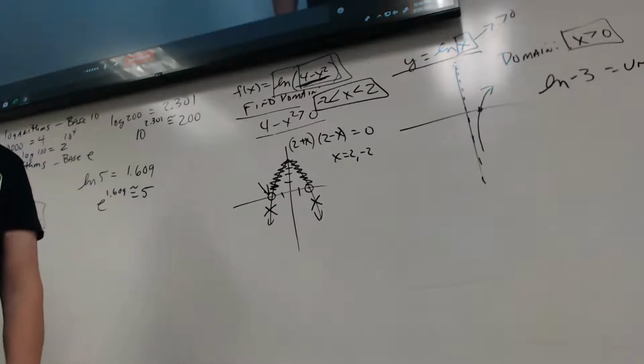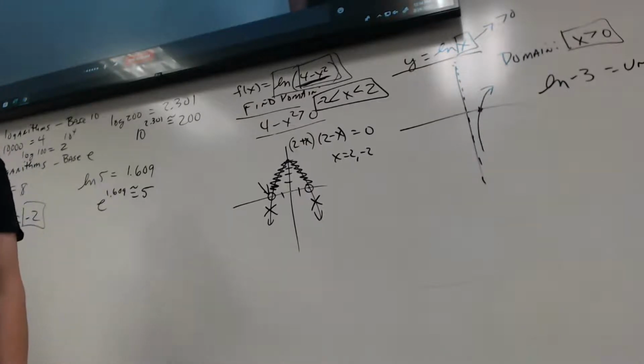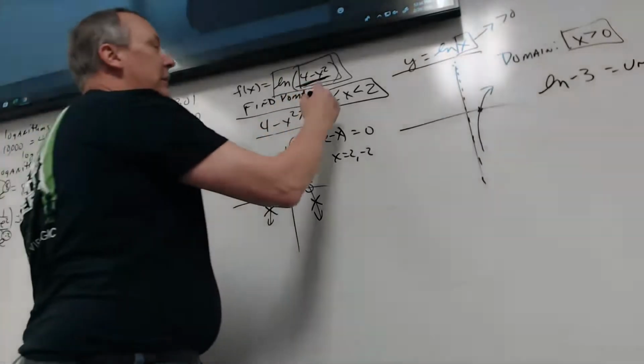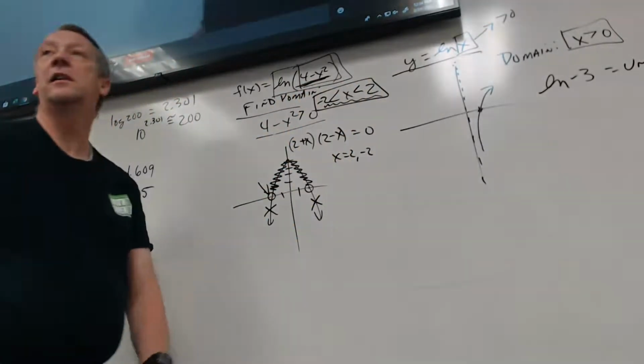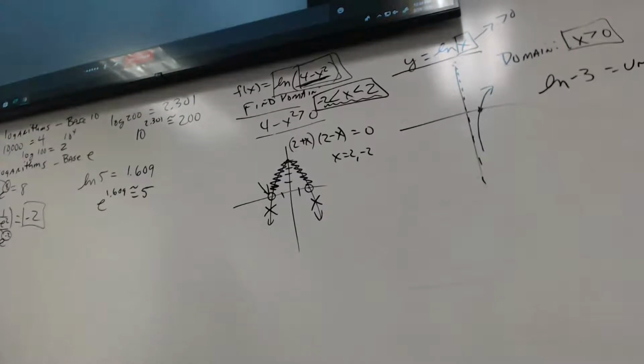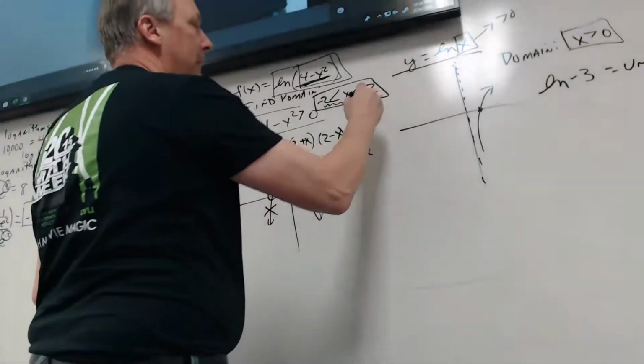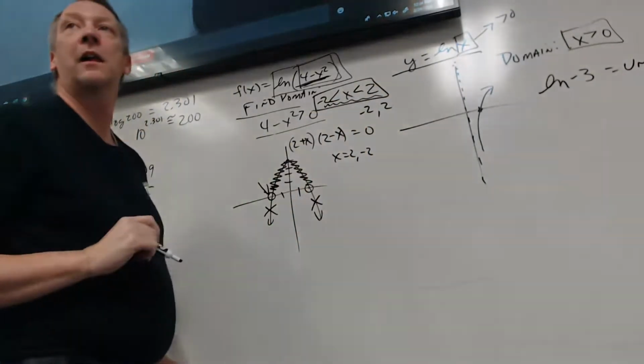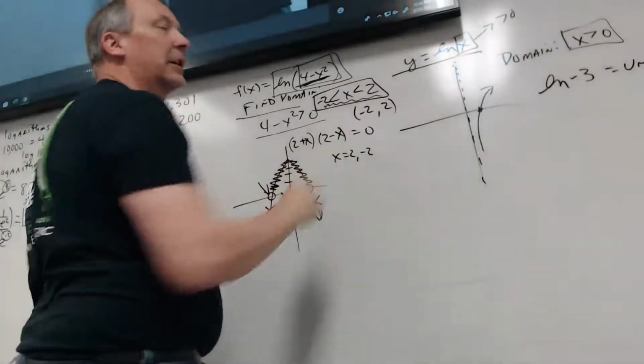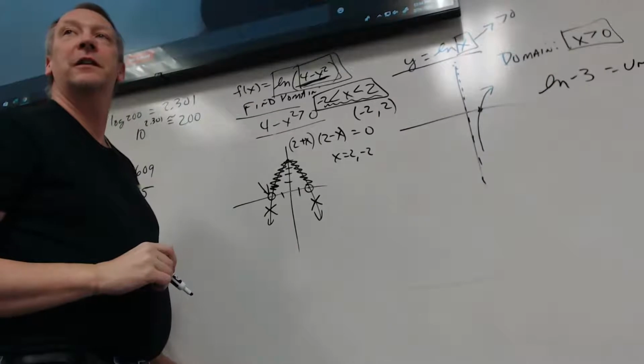So if you were to write that in interval notation, Eunice, how would you write this in interval notation? Negative 2, 2. Parentheses on both sides? Yeah. And what else are you missing?